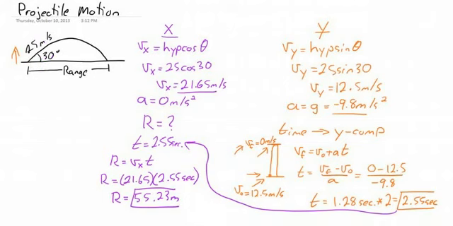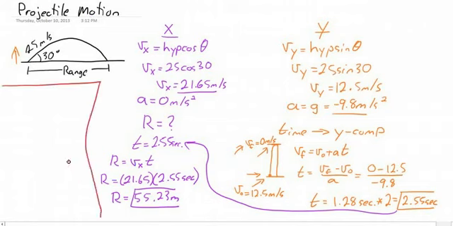The second thing that we want to do is calculate the maximum height that our object has. So we want to find this height right here that it has when it's at its maximum peak. And again, we can do this by thinking of our object not as something that's going in both the x and the y direction at the same time, but instead an object that's just going up and then coming back down.